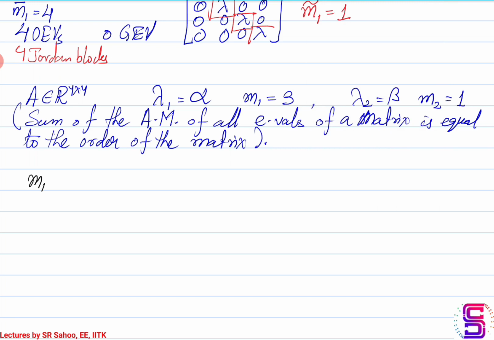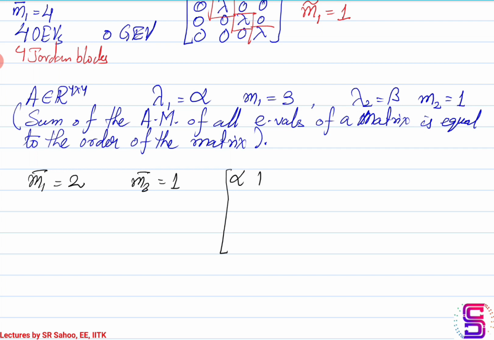Okay, so in this particular example, let's say that the M1 bar is 2, and of course M2 bar has only one possibility, which is 1. Then the Jordan form might possibly look like the following.